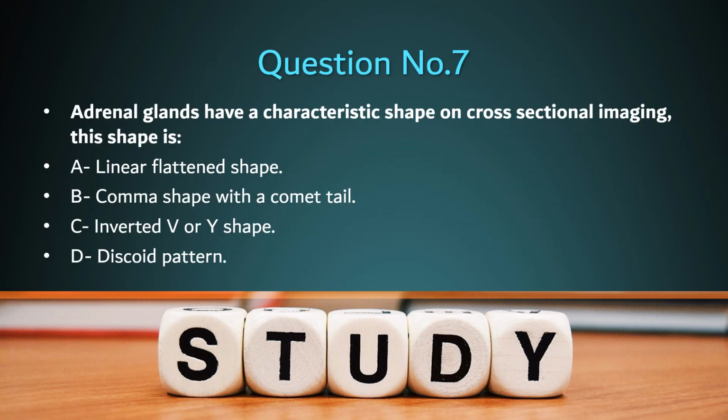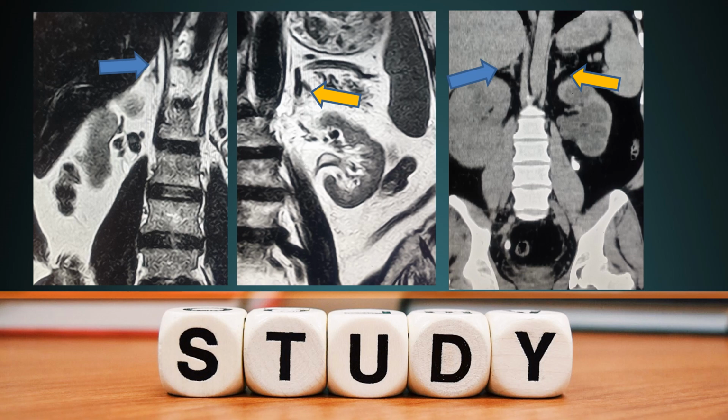Question number 7. Adrenal glands have a characteristic shape on cross-sectional imaging. Is this pattern a linear flattened shape, a comma shape with a comet tail, an inverted V or Y shape, or a discoid pattern? We can notice these are coronal MRI images and a reformatted CT image.